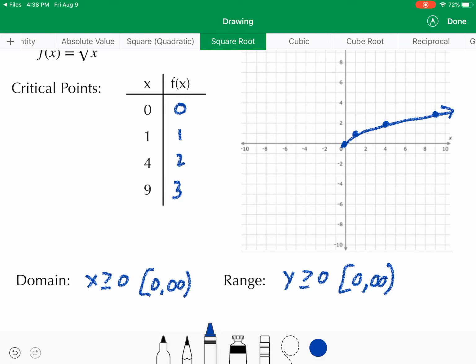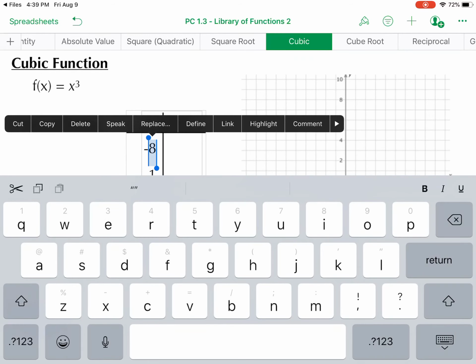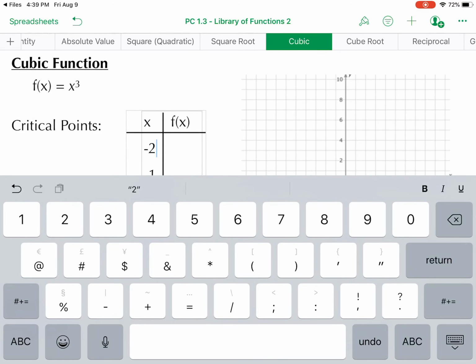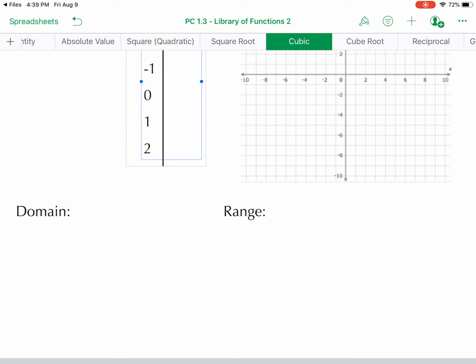Moving forward. From the square and square root functions, we can transition to the cubic function. F of x equals x cubed. And I have another typo in here. Let's fix that. I want that to be a 2. And I want that to be a 2.